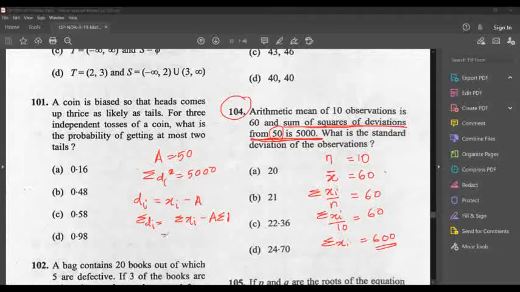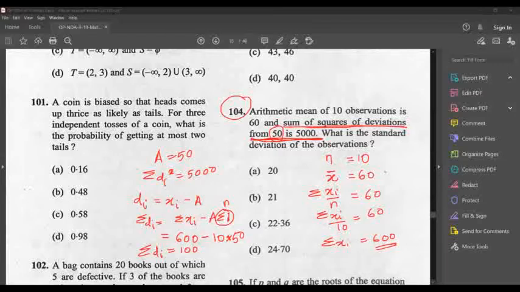So sigma xi is 600 minus n into a, that is 10 into 50. That is 600 minus 500, that is 100. So sigma di is 100.